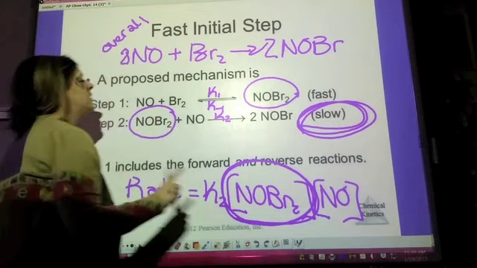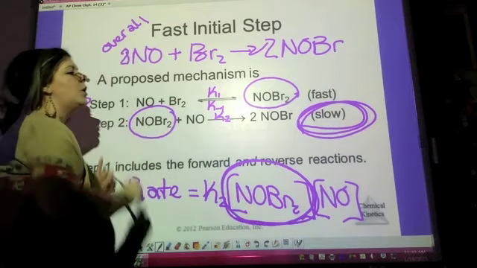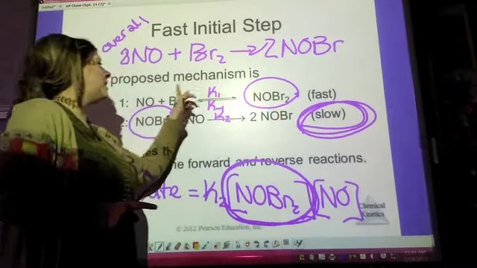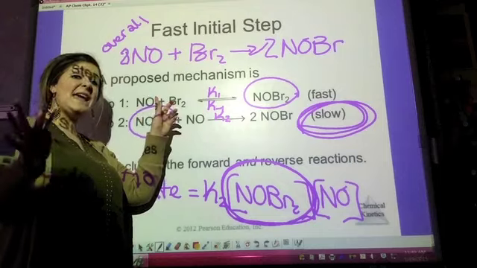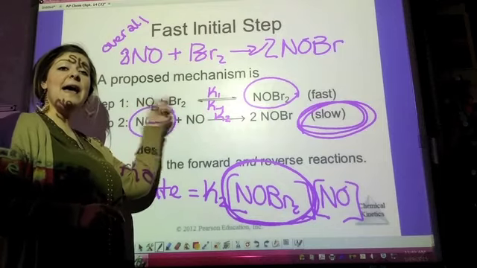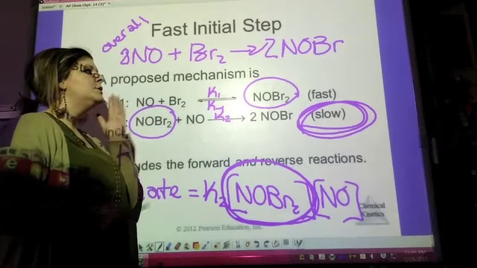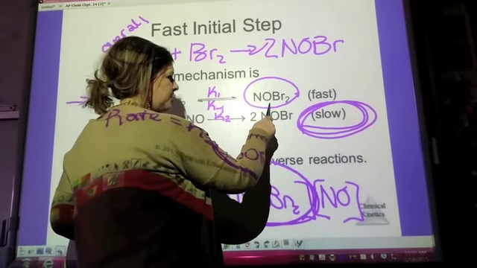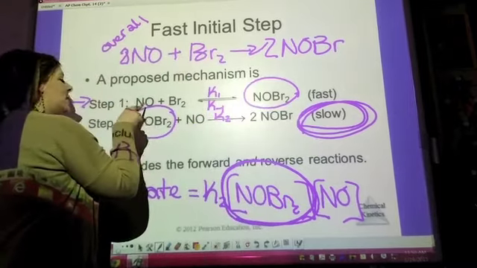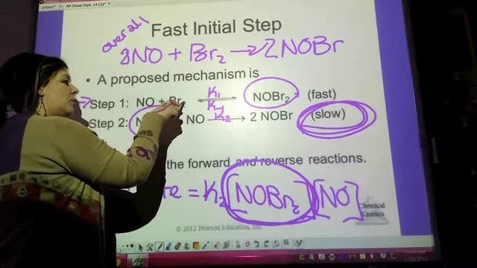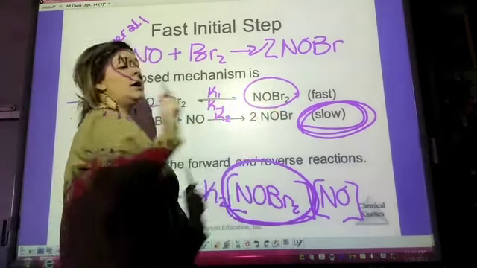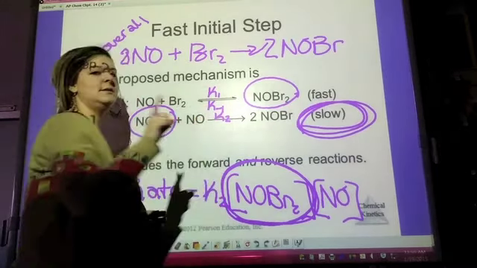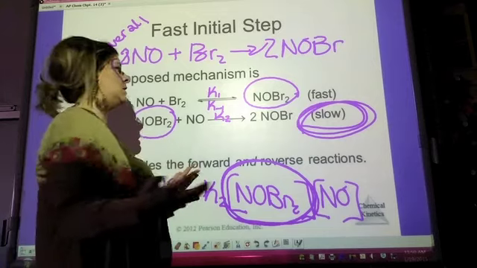What is going to help me is that NO and Br2 come together to form NOBr2, and NOBr2 breaks down at the same rate to make my reactants back over again. So could I say that the rate at which NOBr2 breaks down equals the rate at which these 2 reactants come together to form NOBr2? We can say that because the double arrow suggests that we assume they are in equilibrium with each other.